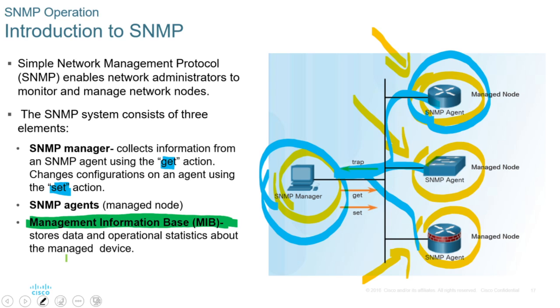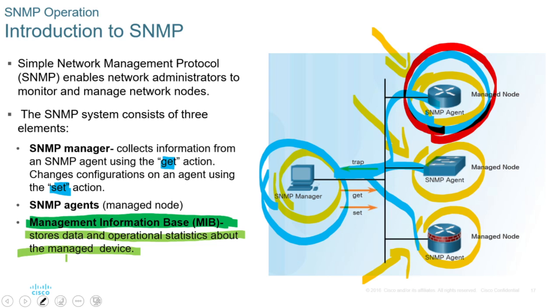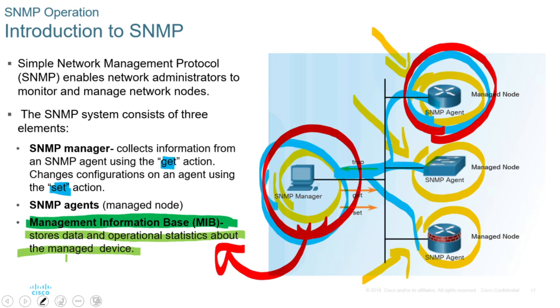We can collect and store all the data, and then use it for further statistical analysis and things like that. So all the information will be generated from the agent, received by the SNMP manager, and then stored on the MIB for further analysis.